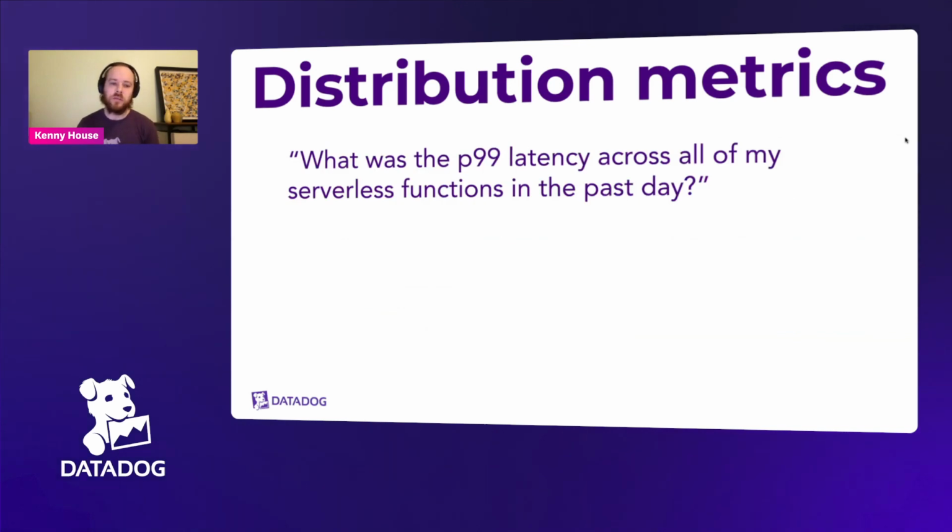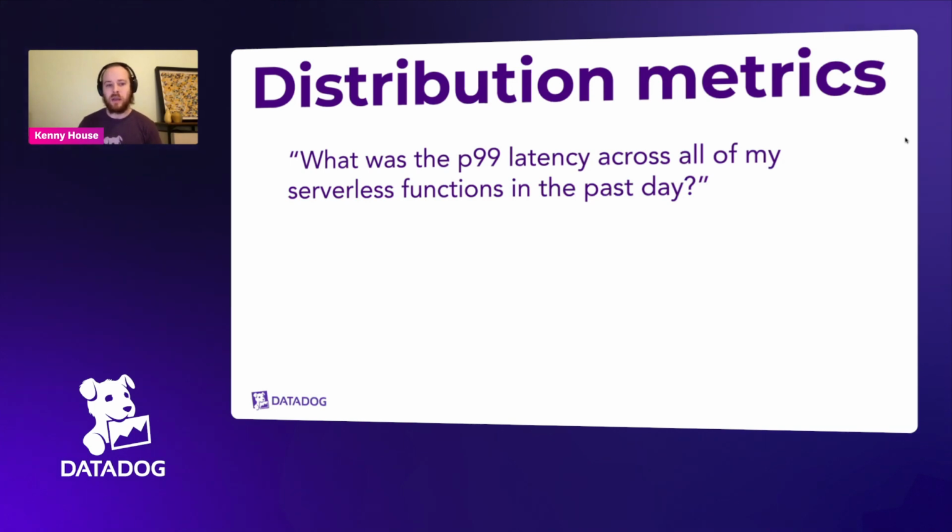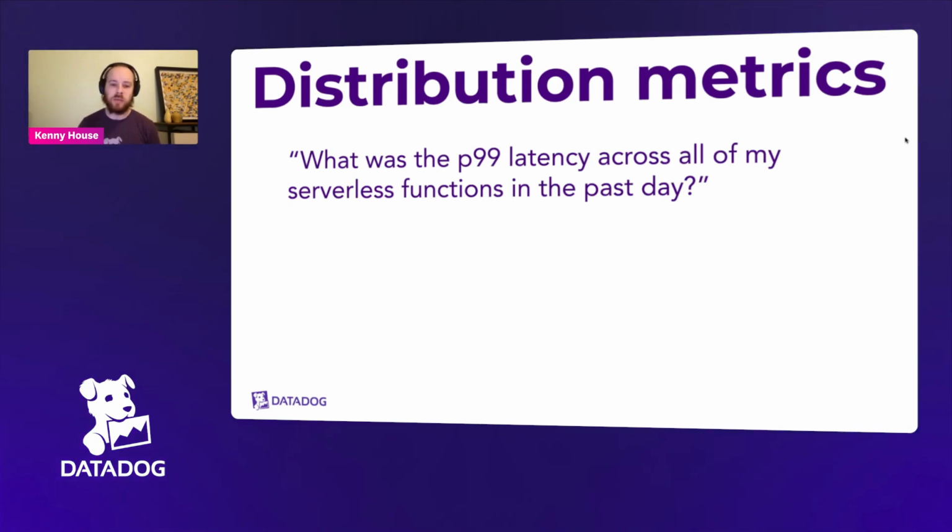In particular, distribution metrics let us answer questions like, what was the P99 latency across all of my serverless functions over the past day? This is something we see a lot of customers using more and more, as they're interested in using percentile-based metrics in order to get a better gauge of what the actual end user experience is like with their applications.